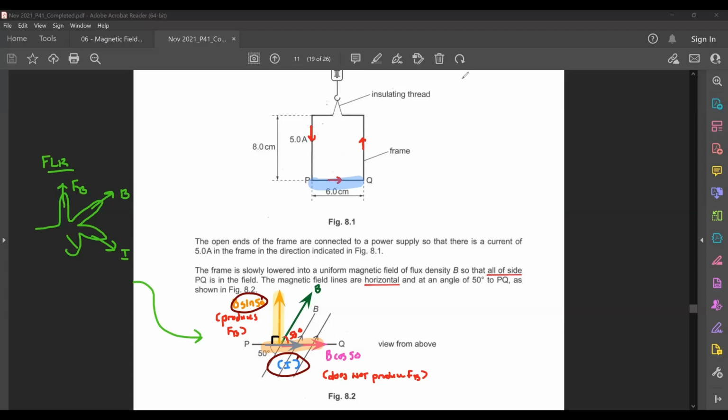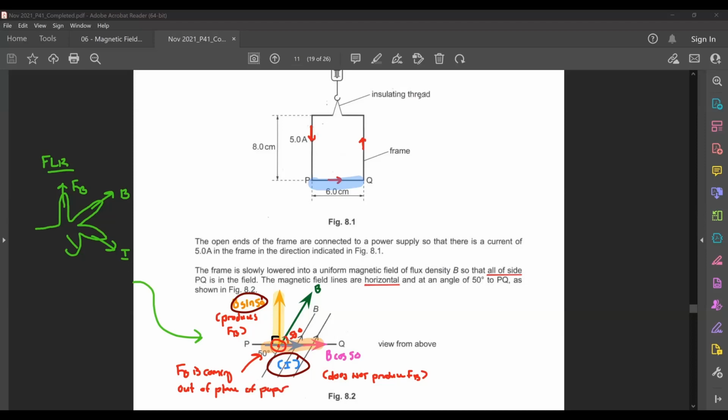Work out what is the direction of your magnetic force. If you do that, you will be able to work out that the direction of your magnetic force is actually coming out of the plane of your paper. Here, your magnetic force is coming out of the plane of the paper.